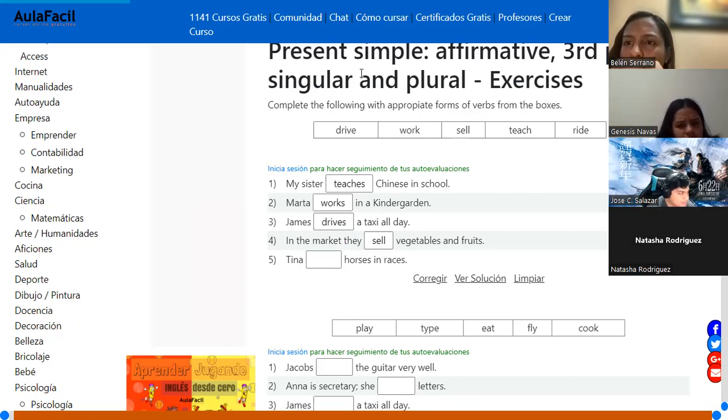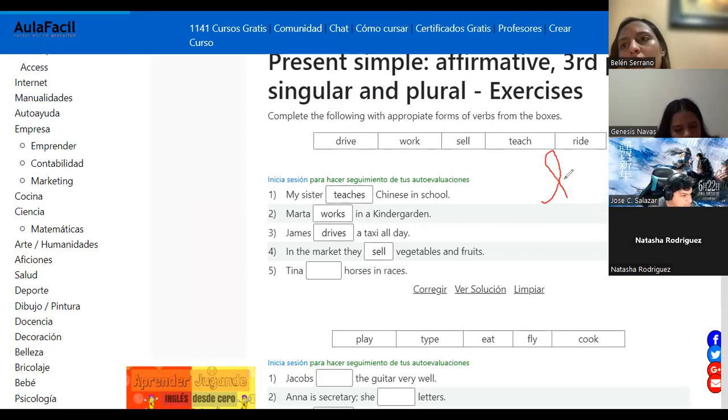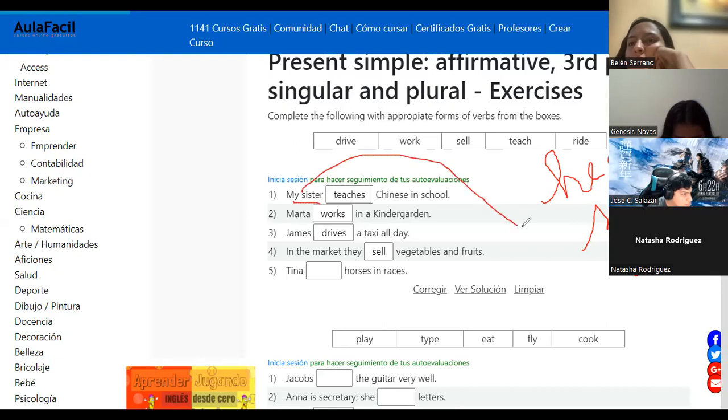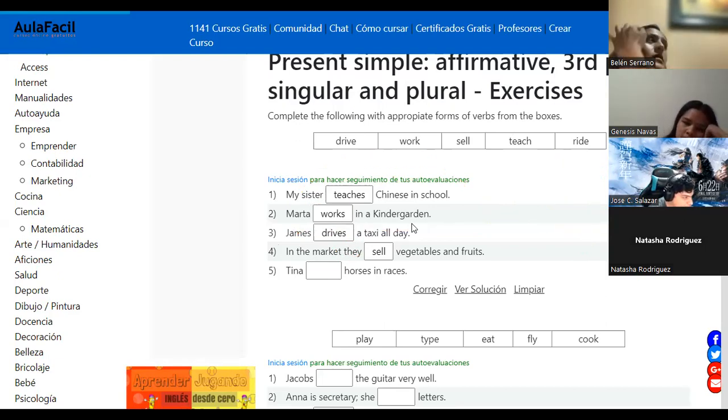No. Remember que solo agregamos ese o ese cuando tengo he, she o it o algún derivado. Por ejemplo, my sister es como que fuera she. James es como que fuera he, ¿ok? Cambio acá tengo they. Si tengo they o cualquier otra persona que no sea he, she, or it, no le agrego s ni es. So, in the market, they sell vegetables and fruits.